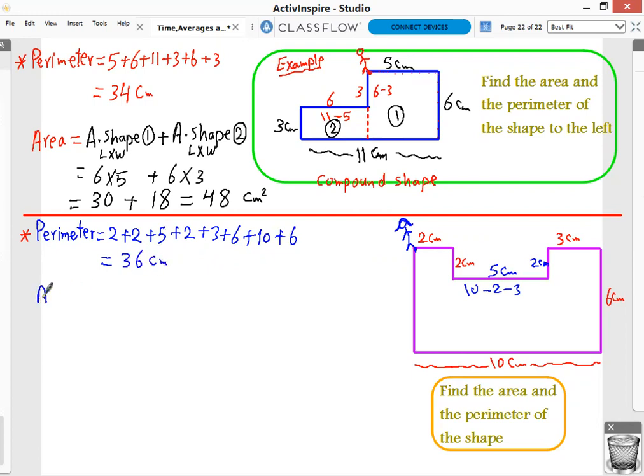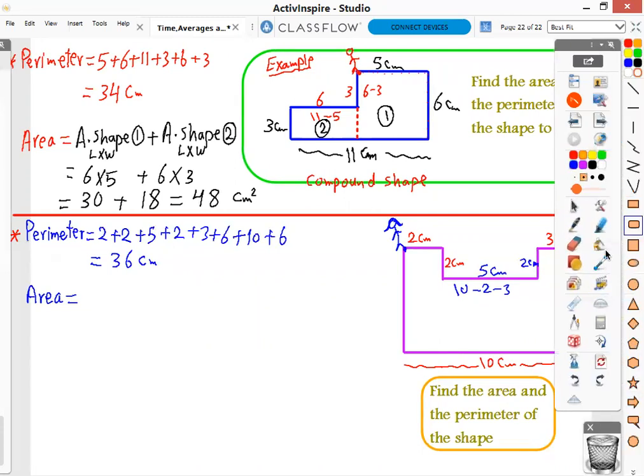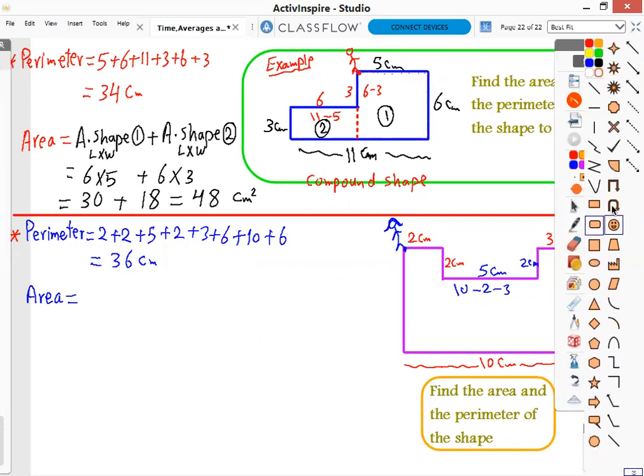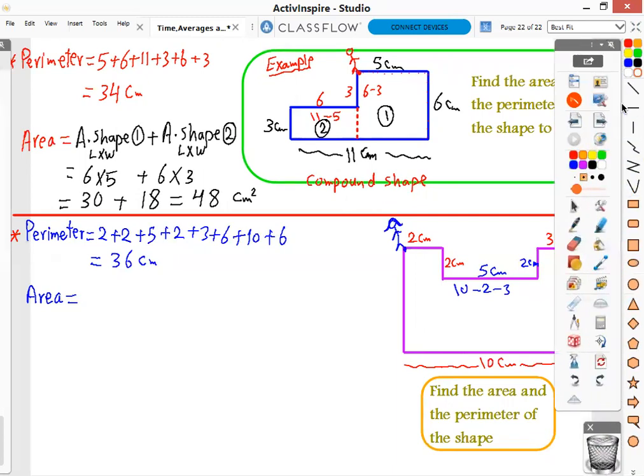Let's do area quickly. Then what about area? We can divide it into how many shapes? 3 or 2? 2. Let's check. We can make it like this with which color? With red.